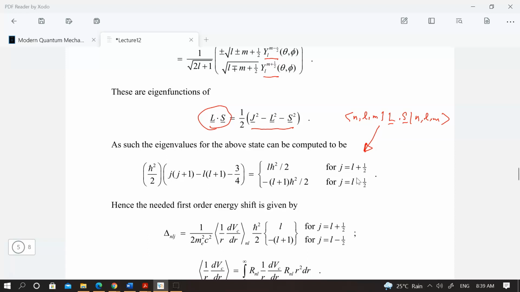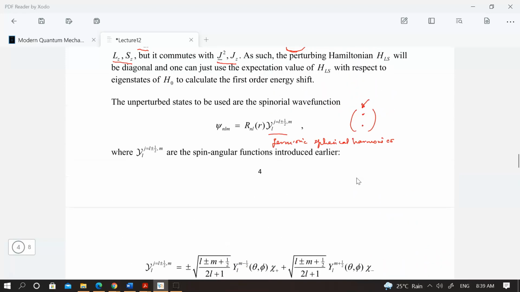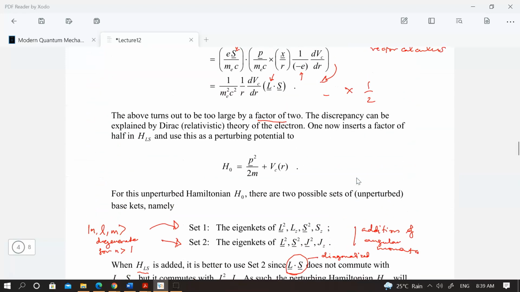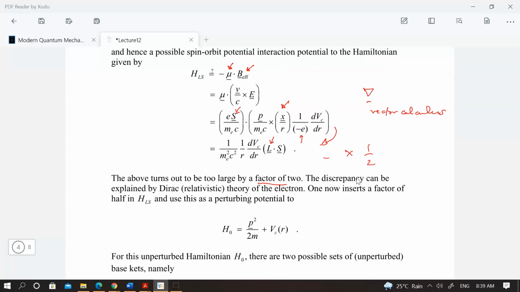Now this result will be inserted here. We have to remember that your first order perturbation, your first order energy shift, is essentially given by the perturbing potential.